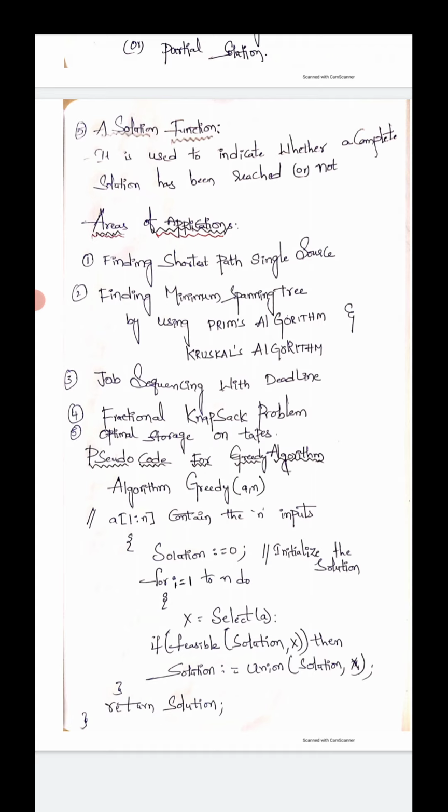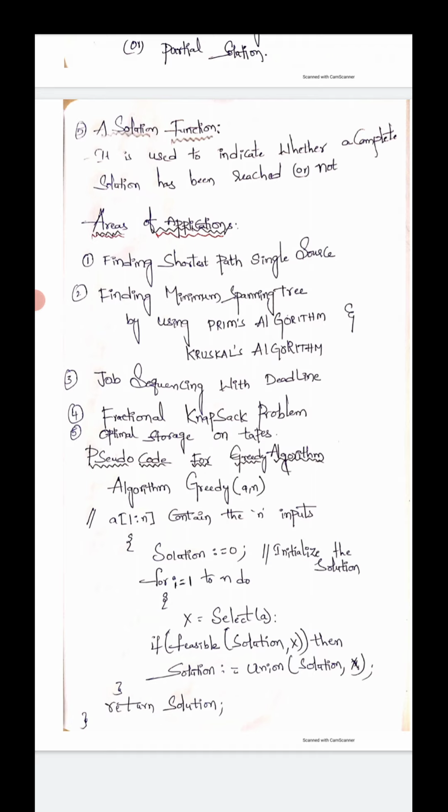And the fifth component of the greedy algorithm is the solution function. Whereas the objective function assigns a value to a solution or partial solution, the solution function is used to indicate whether a complete solution has been reached or not.